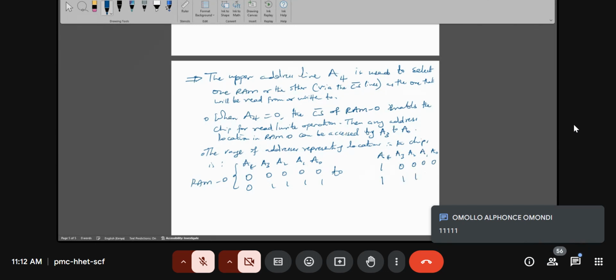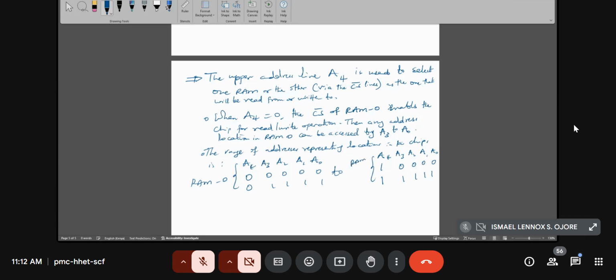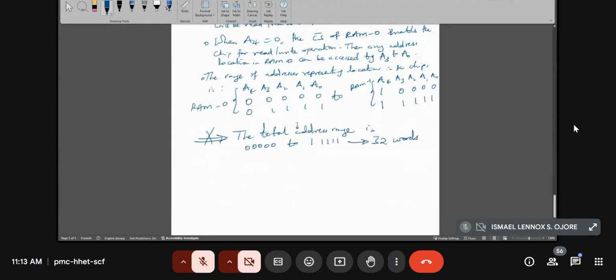Yes. So this is for RAM 1. As a conclusion, the total address range is 00000 to 11111, and this is actually 32 words, or 32 memory locations that can be stored.